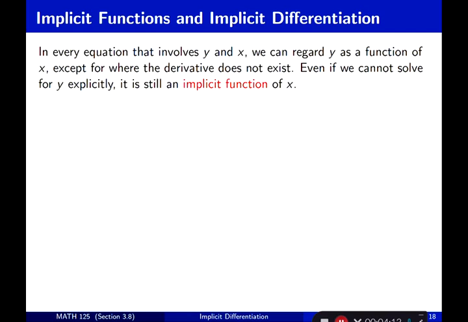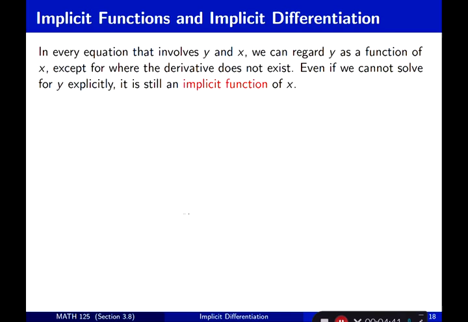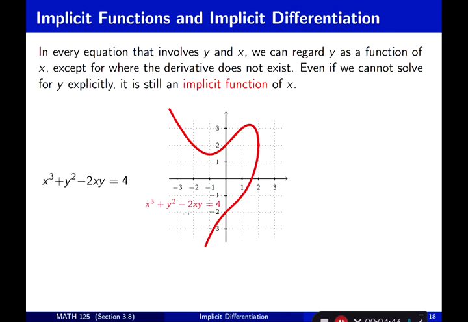Even if we cannot solve for y explicitly, it is still an implicit function of x. So back again in here, there were a lot of places where we couldn't solve, we could still break it down into pieces that were functions, and so we can consider that as an implicit function of x, or x as an implicit function of y.